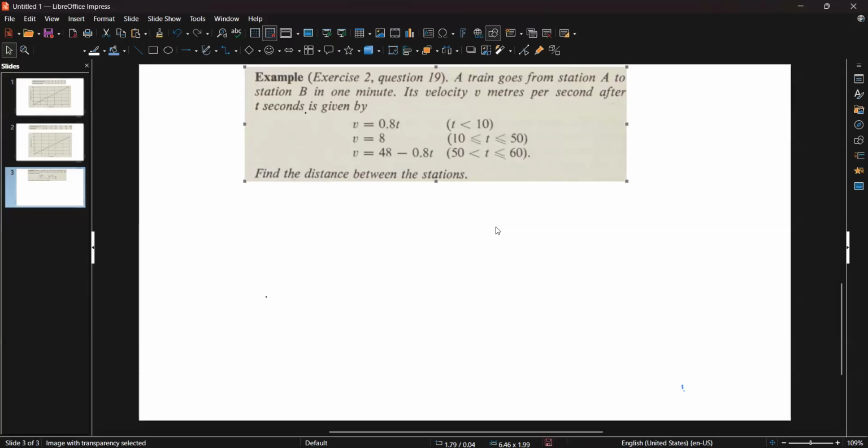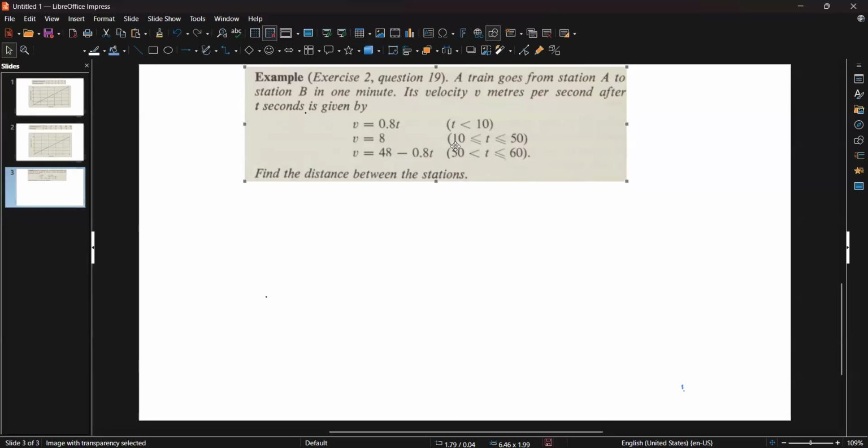So here, the journey of a train is described in greater detail. It's not like the train is traveling at a constant speed and that's it. For the first 10 seconds, it's moving at 0.8 times t. The velocity is given in terms of time.